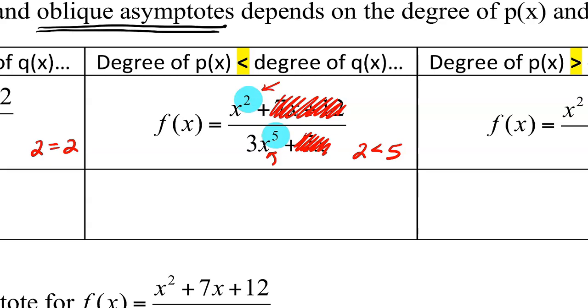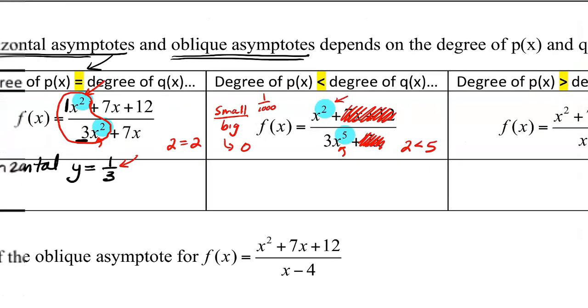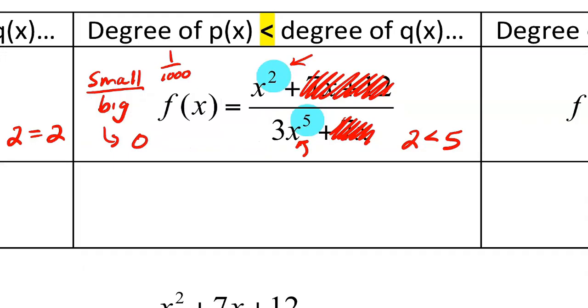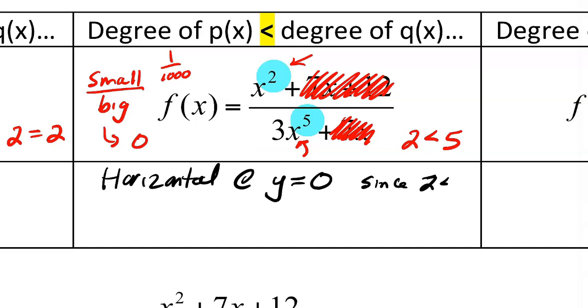So what happens is when you have a small numerator and a big denominator, that is going to approach 0. So you can imagine like 1 over 1,000. That's really, really close to 0. So what we get is a horizontal asymptote at y equals 0, since 2 is less than 5.